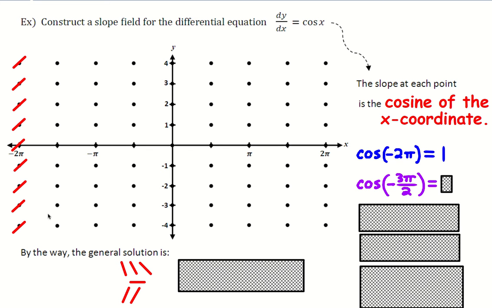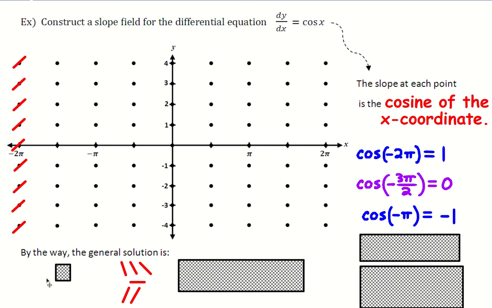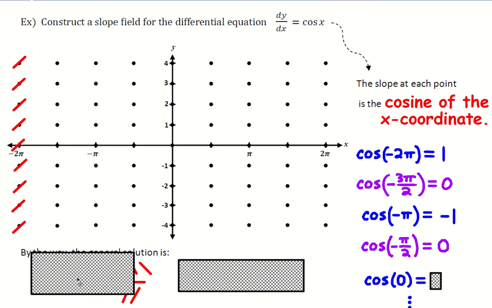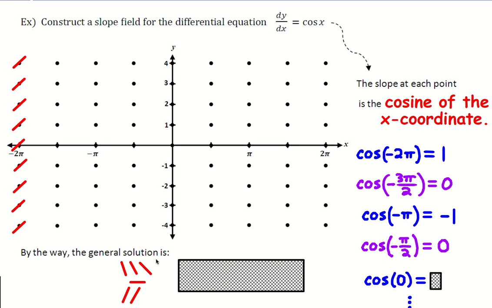all these coordinates, x equals negative 3 pi over 2, and the cosine of negative 3 pi over 2 is 0. And all of these points, cosine of negative pi would be negative 1, and all of these points, cosine of negative pi over 2 is 0, and all of these points where x equals 0, the cosine of 0 is going to be 1.